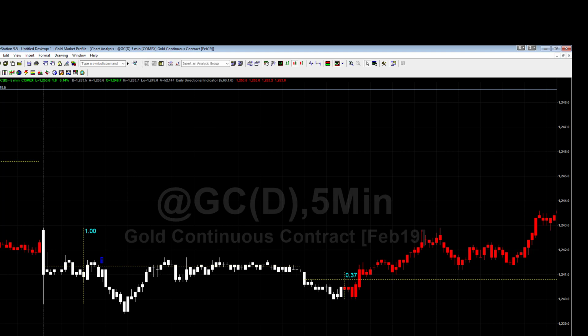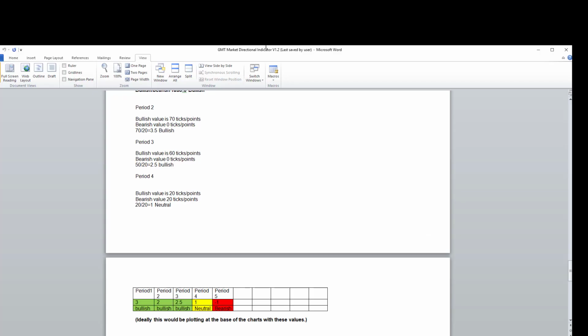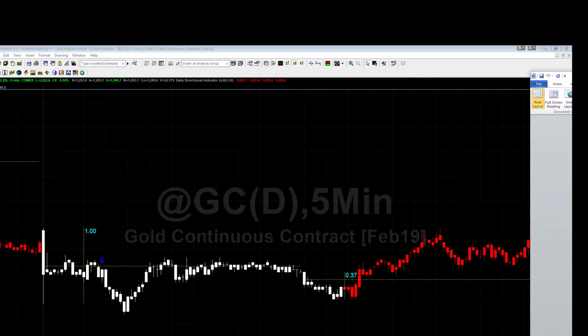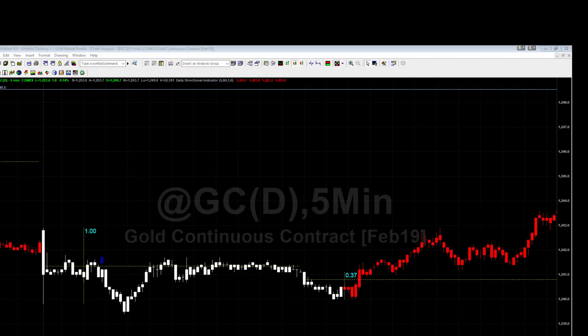So let's have a look at our positive values, or those values above 1.